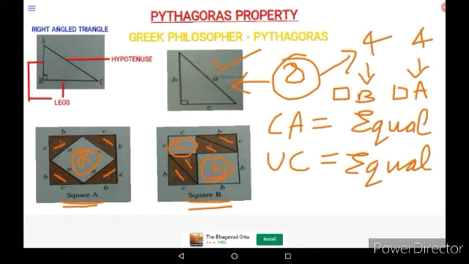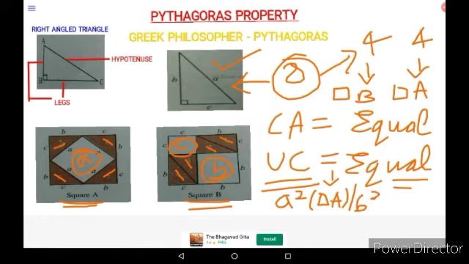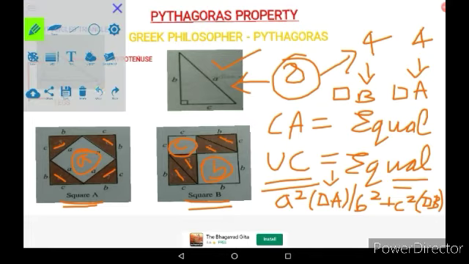Now when the area covered is equal, the area uncovered will also be equal. Now what are these covered and uncovered areas? The uncovered areas are A square of square A and B square plus C square of square B. So I hope it's clear now.